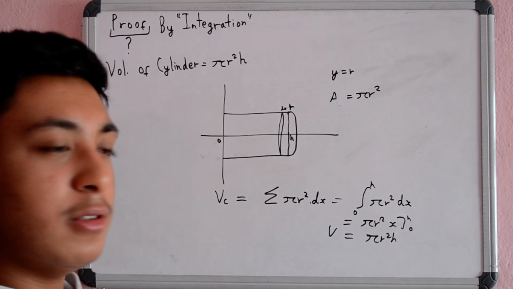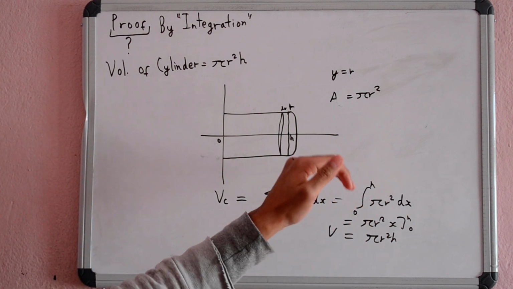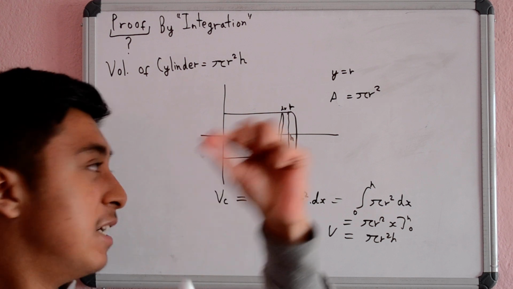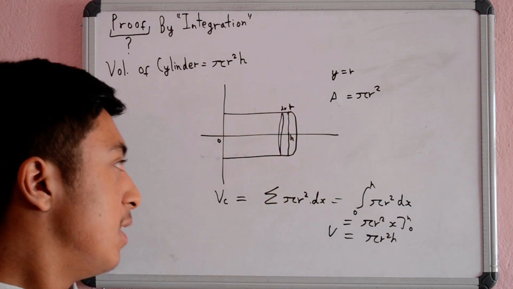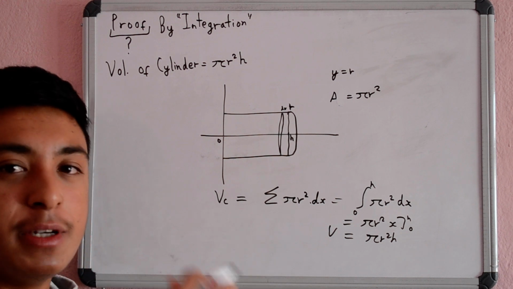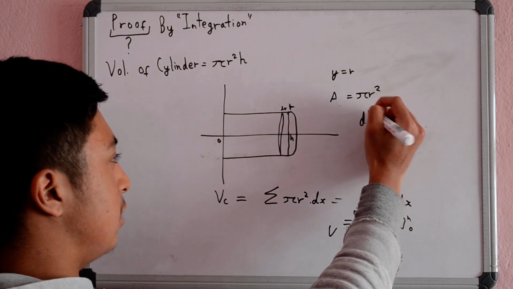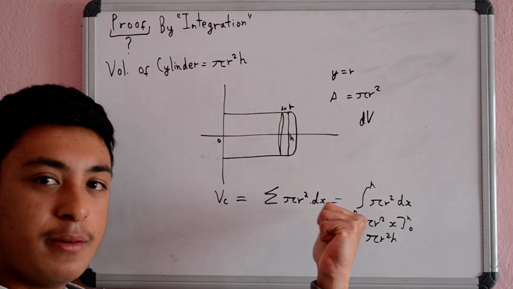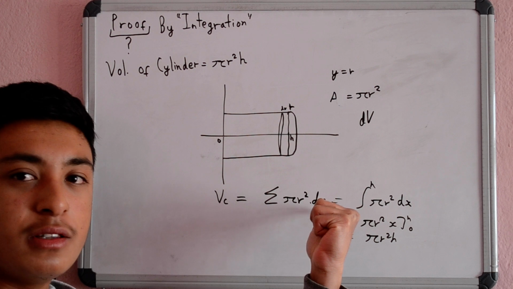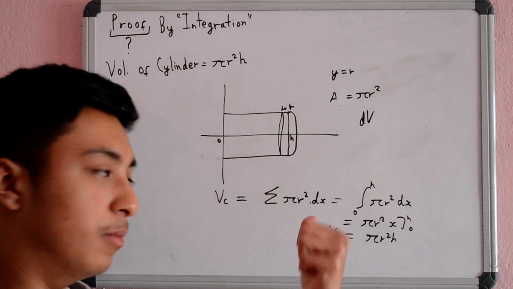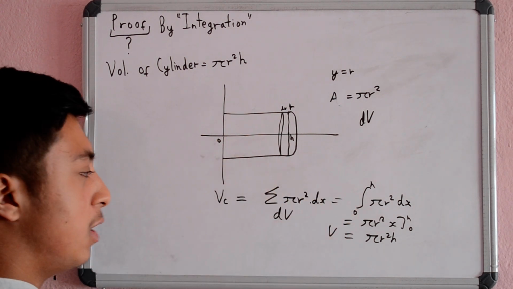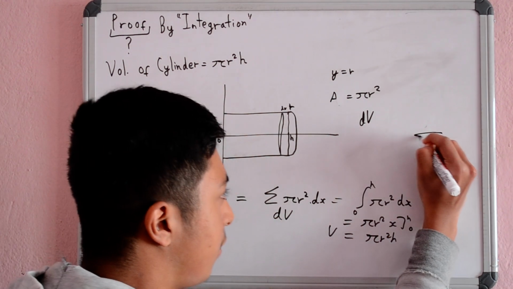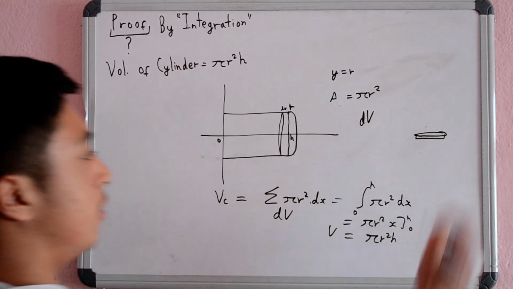That is the proof, kind of, because as you noticed, when I said that this one cylinder occupies a very small space in this cylinder, I have transformed it into three-dimensional. I have transformed it into the volume, because here we have area into a certain length, area into length, which is volume, a very small volume, but nonetheless it is in fact the volume of a very small, very thin cylinder.